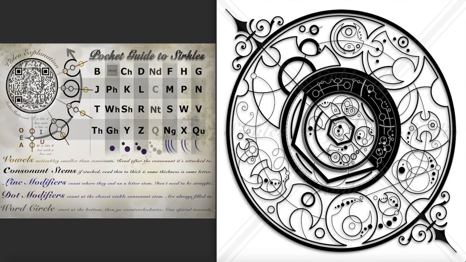Now we have the inner circle. And there are no words on this part of the circle, but there are words in this negative part here. So we're going to start at the bottom and go counterclockwise and read these 1, 2, 3 names here. So this is a shallow divot with 1, 2, 3 lines. That's an S. Then we have 1, 2 dots on this K, 2 dots on the Y, 1, 2, 3 dots on the L, and then we have an A, and then 1, 2, 3 dots on the R. So Skylar, S-K-Y-L-A-R, Skylar.